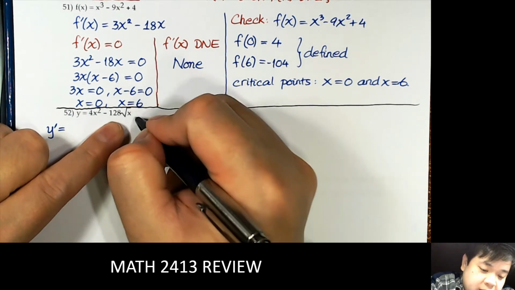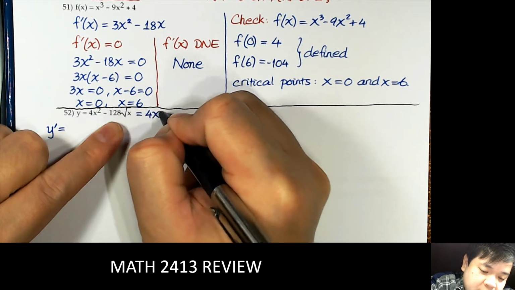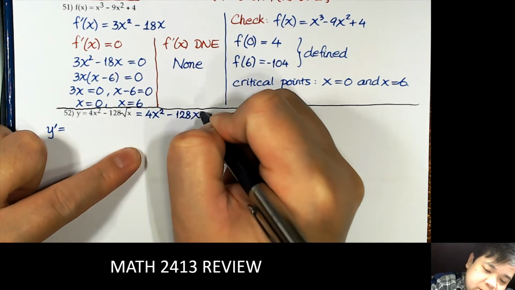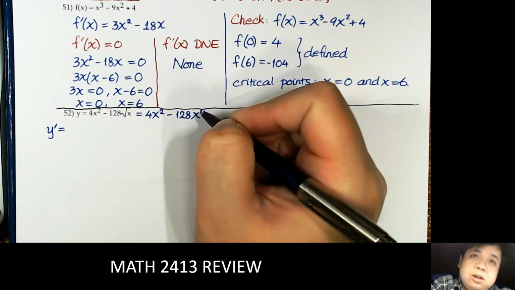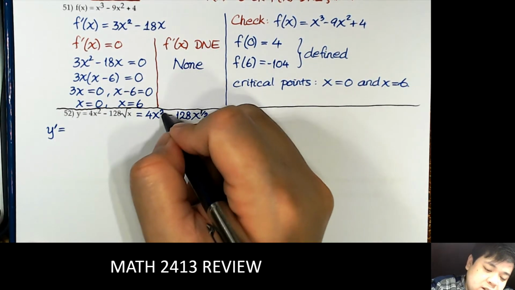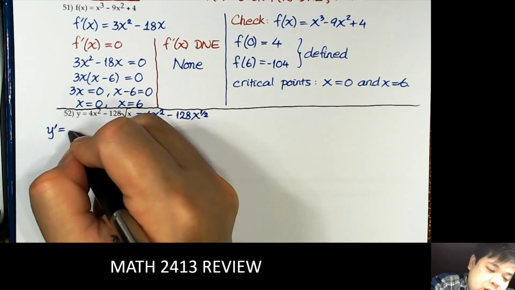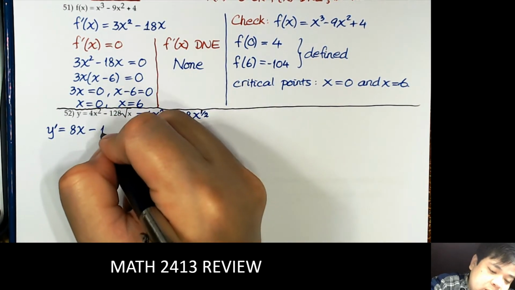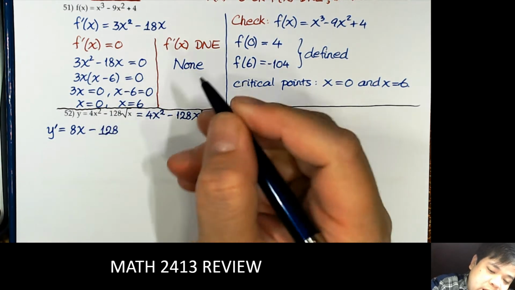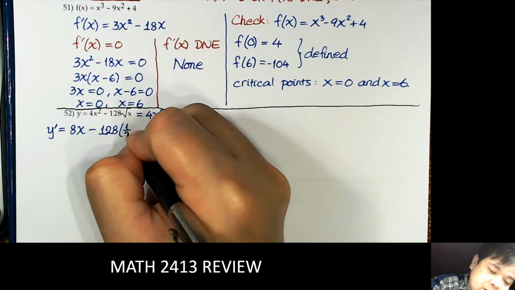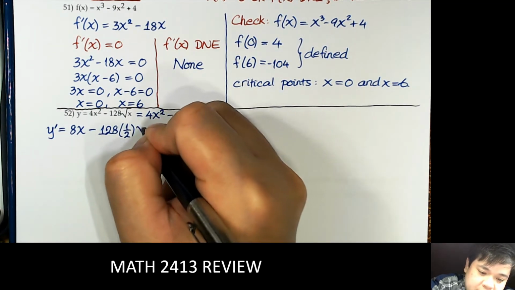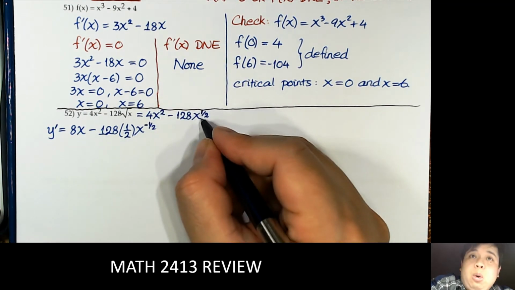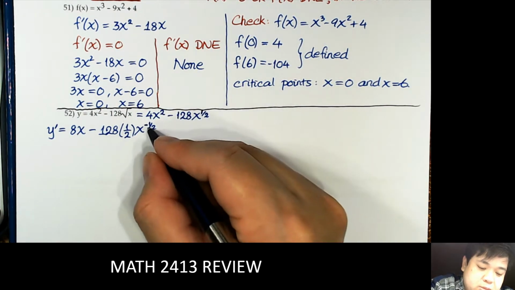128 square root of x, let's rewrite that as 128 x to the 1/2. And we'll take the derivative of that with the power rule: take the 2 down, 8x minus 128, take the 1/2 down, and then x to the negative 1/2, because the original power 1/2 minus 1 is minus 1/2.